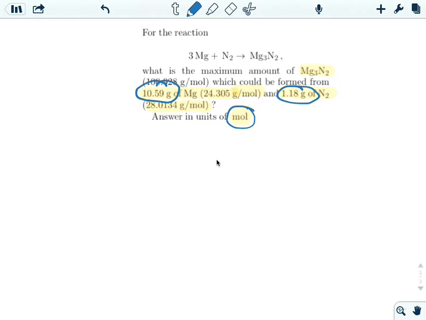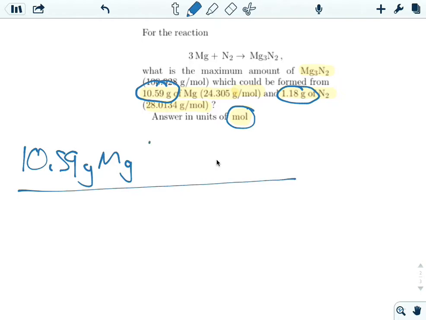So in our first conversion, we're going to start with our 10.59 grams of our magnesium, and that should be 5.9 grams. Okay, and set this up. We'll need two conversion factors to do this. We'll need our mole ratio, which is a 3-to-1 ratio.